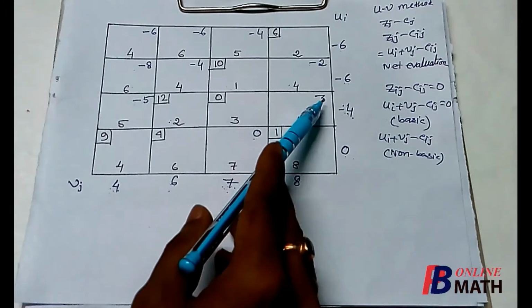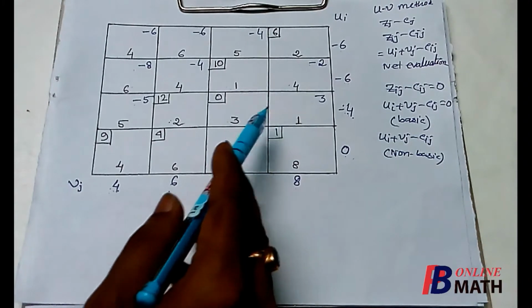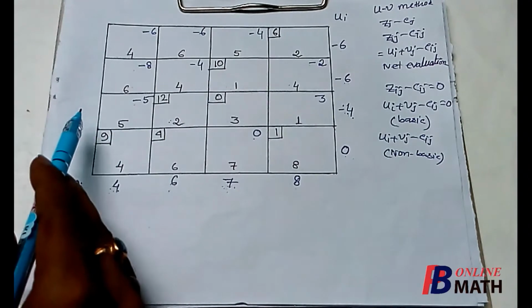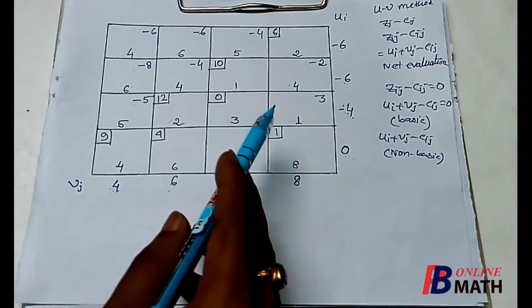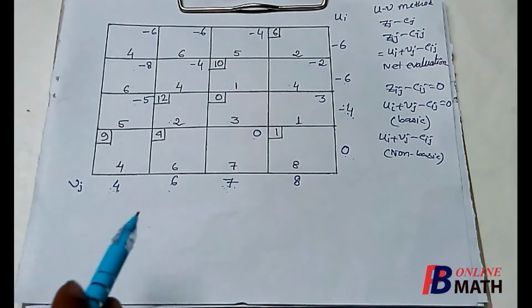So the solution is not optimal, and we have to improve it. This cell will be our new basic cell. That means this variable, x34, will enter the basis and one of these 7 vectors will leave the basis.